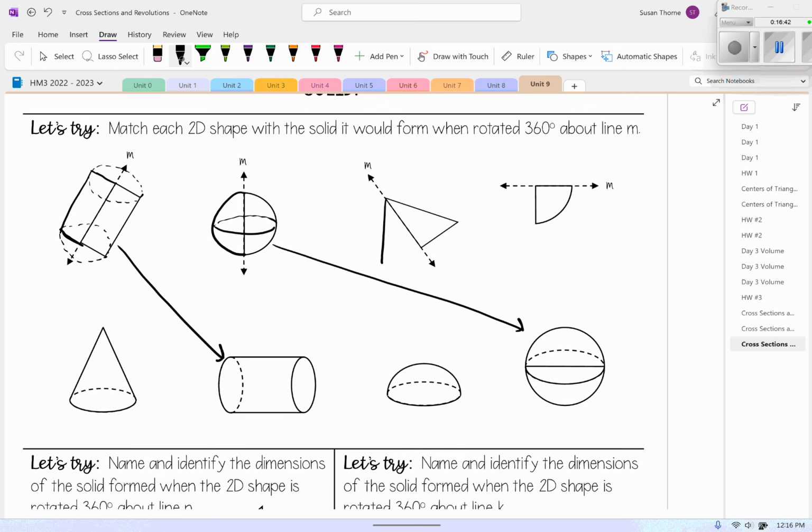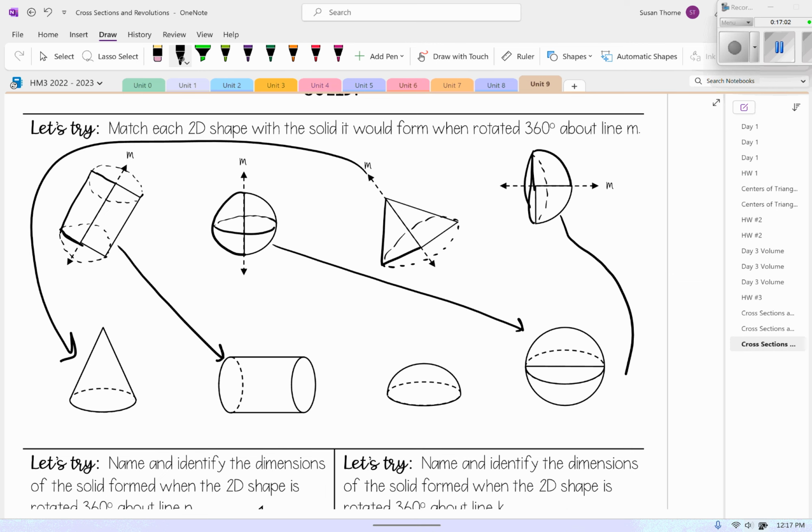This one, if we rotate, is going to make the cone shape. And this one, when we rotate it about line M, is going to make this hemisphere shape right there.